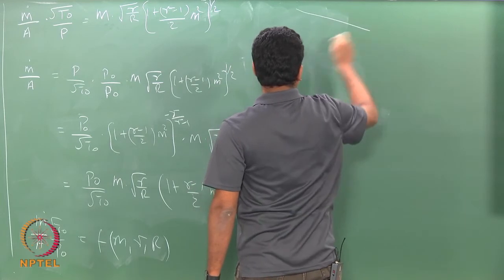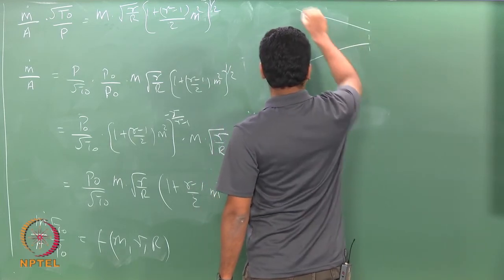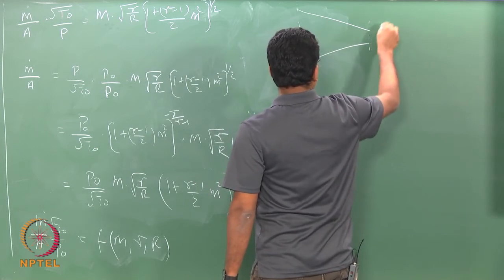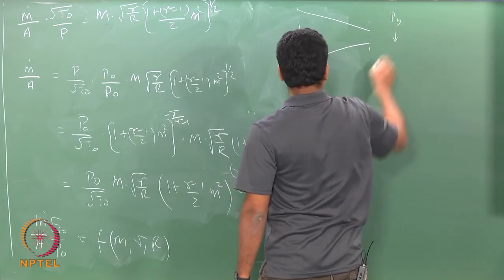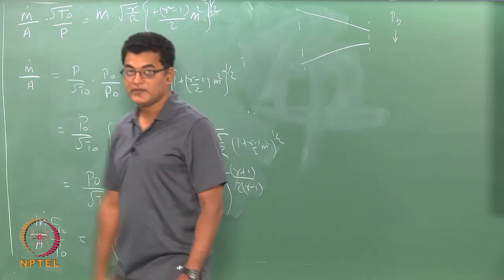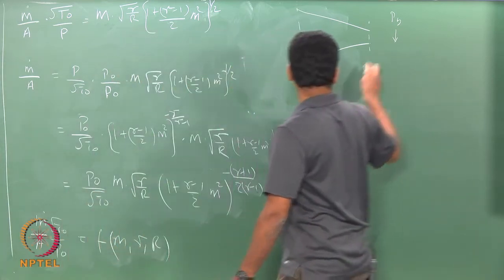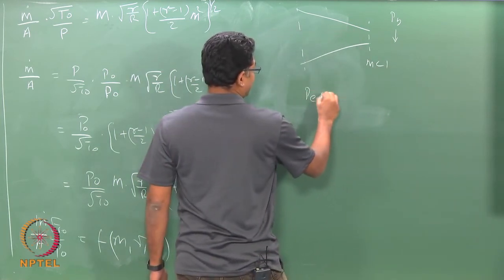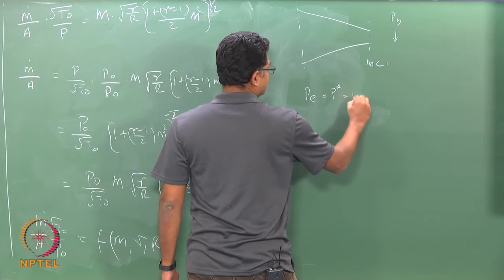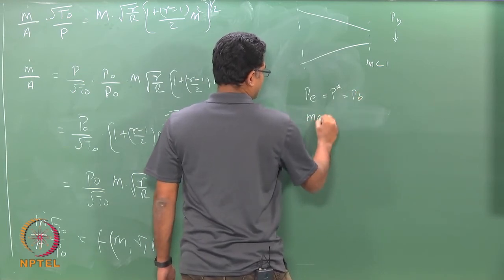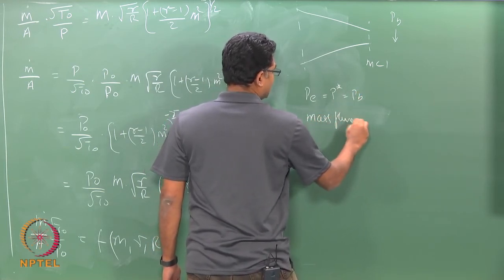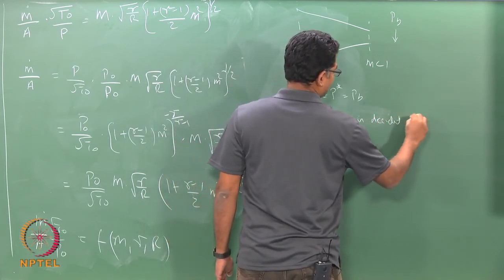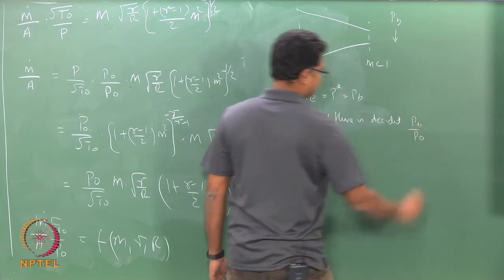So when I have a nozzle, my PB, the back pressure ratio, will decide my mass flow rate as long as M is less than 1. That is until P exit is P star equals PB, where my mass flux is decided by PB by P0.